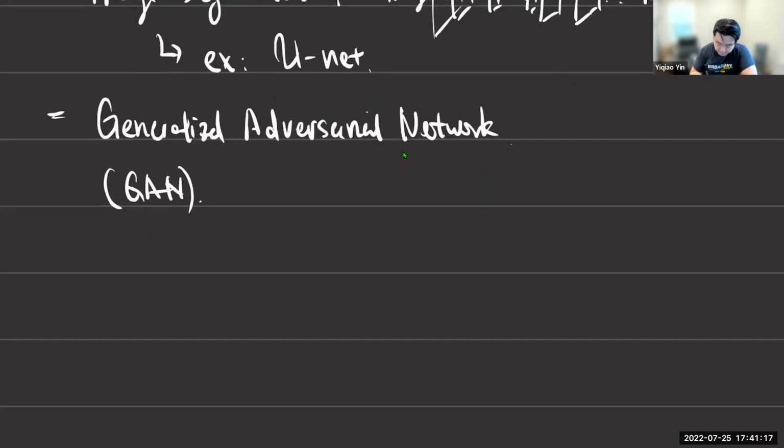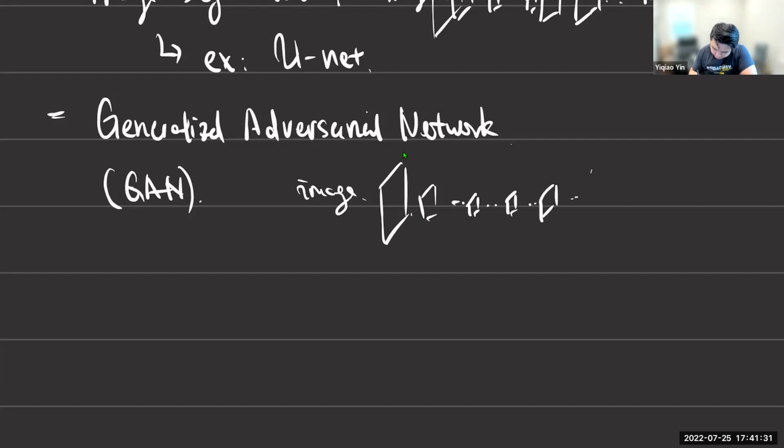So you have some sort of picture. Let's say that's your image, and then I'll just draw a square like this, and then you shrink just a little bit, and then shrink again, and then you expand it, expand again, something like this, right? This is the idea that the generative adversarial network is trying to take advantage of.